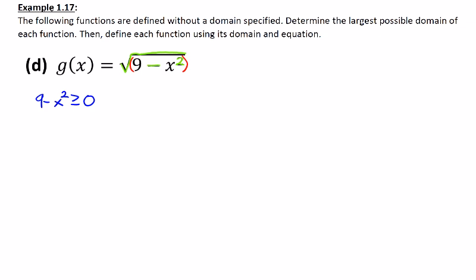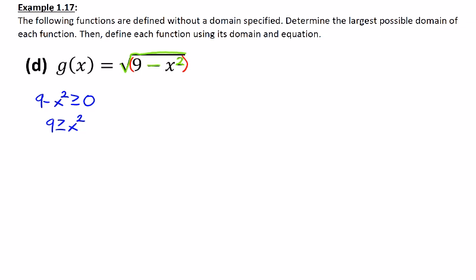And this will allow us to find precisely what the domain needs to be for this equation. Now, to solve this, since it is an inequality, I still want to try to get the x over to one side. So I'm going to have 9 is greater than or equal to x squared.